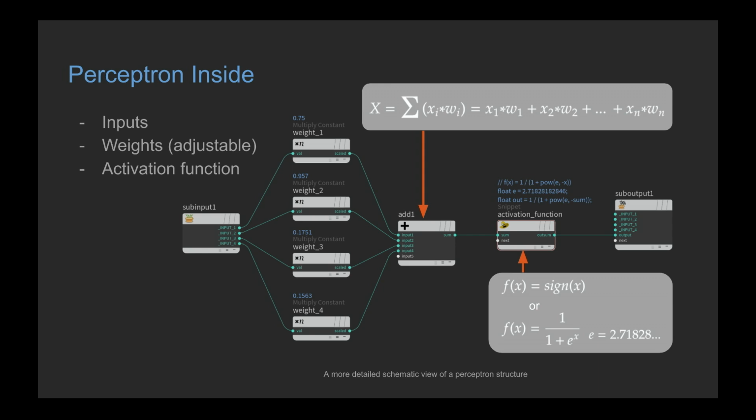It can be really anything, there's a bunch of different ones, but we're going to take a look at two of those. One of them is a sign function, which basically just tells you if you have a positive number or a negative number. And another one is slightly more interesting. It's called a sigmoid function, and it's 1 divided by 1 plus e to the power of minus x.